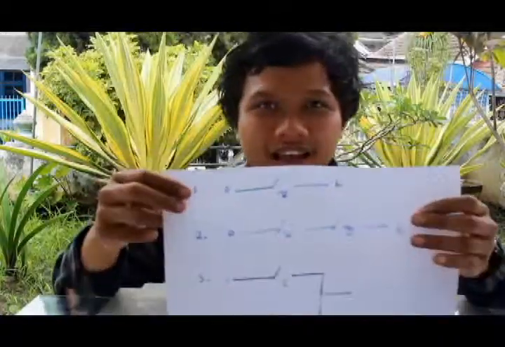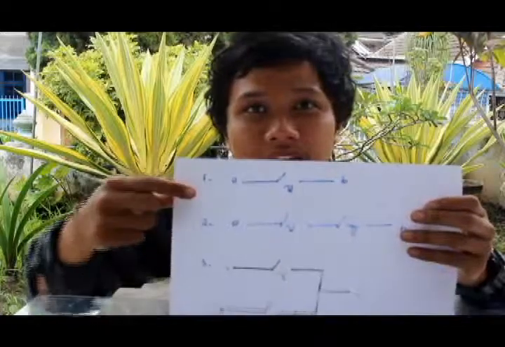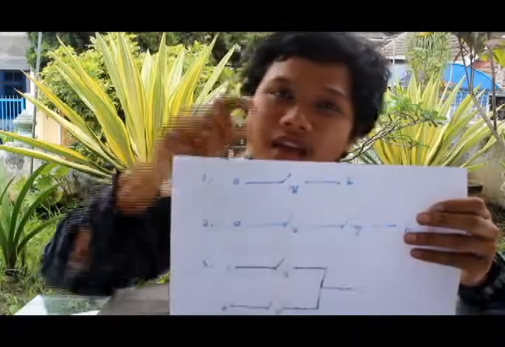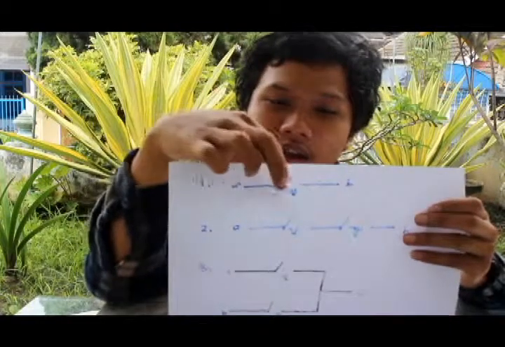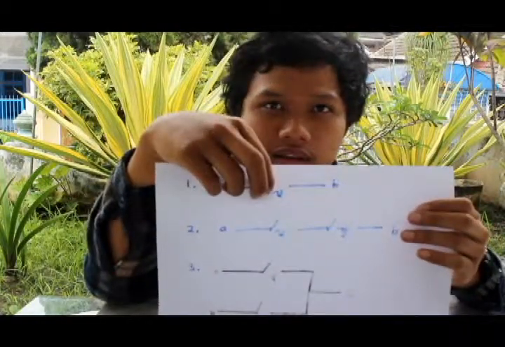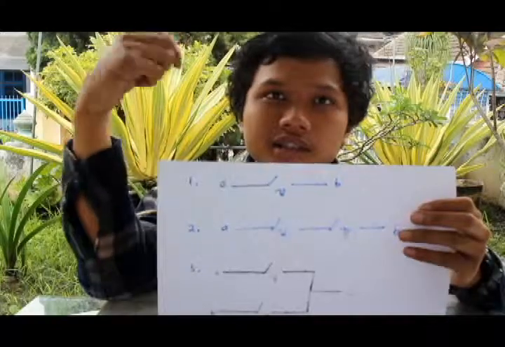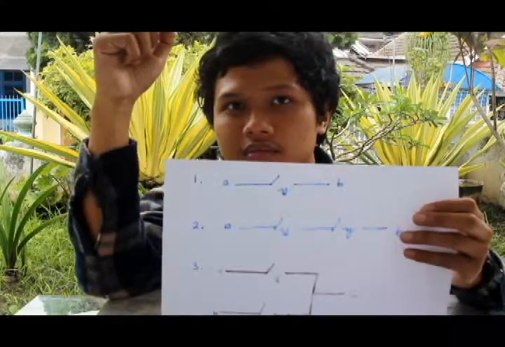A switching network has three simple forms, like this. Number 1: output B is present if gate X is open.